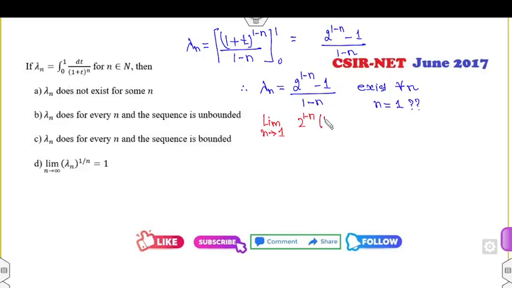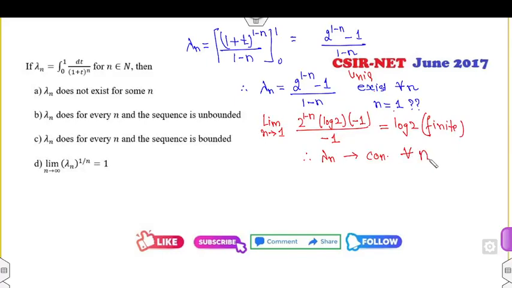So 1 into log of 2 into derivative of 1 minus n divided by minus 1. When n approaches 1, it's 2 raised to power 0, which is 1. So that will go to log of 2, which is finite. Once it is finite at n equal to 1, and also exists and is unique for all n, this sequence is convergent for all n.